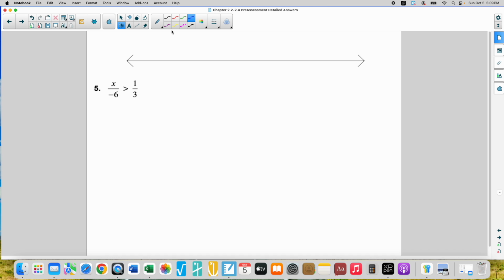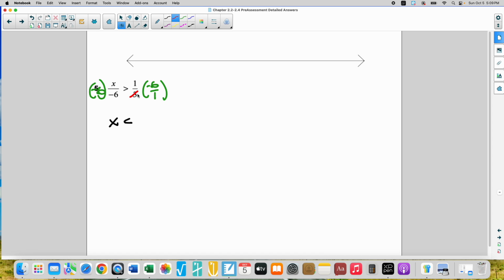Here, it's being divided by negative 6. We're going to multiply by negative 6. I'm sorry, my brain, late Sunday. We're going to multiply by negative 6, because that's the inverse of dividing by negative 6. Leaving us with x, we must flip the inequality sign from greater than to less than.